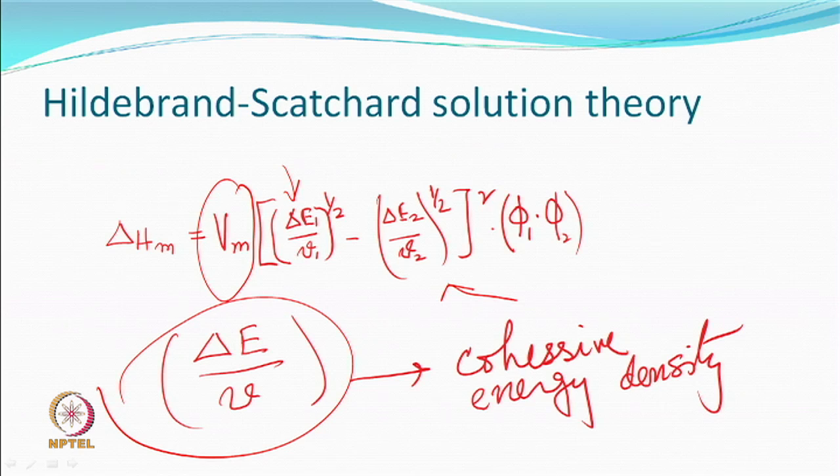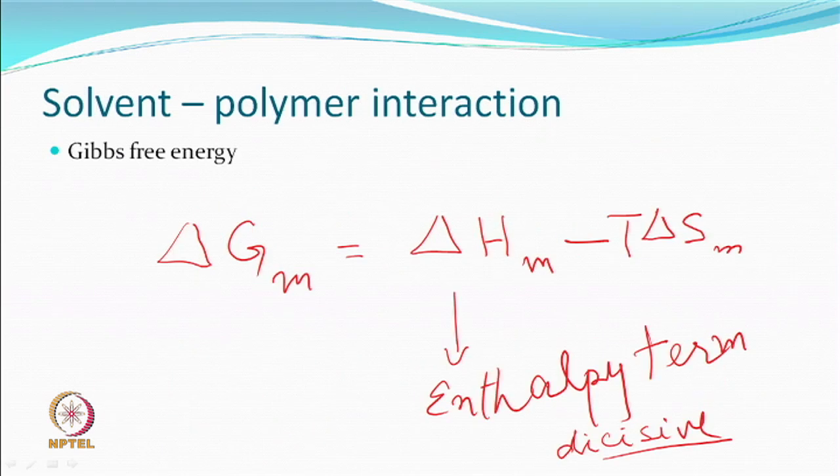So, this is how these people proposed a theory based on which one can estimate the enthalpy of mixing, because in the previous case, let us say enthalpy becomes 0, then it is always negative.